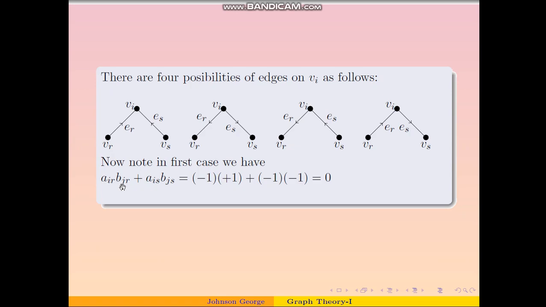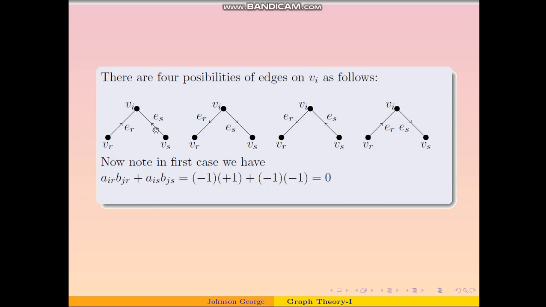Now let us find the entries BJR and BJS. By definition of the circuit matrix, we can see that the edge Er is in the circuit, and therefore it is a non-zero entry. And we have fixed the orientation as clockwise. So the orientation of the cycle is in this form, and you can see that the orientation of the cycle and the direction of edge Er are the same, and therefore it is +1.